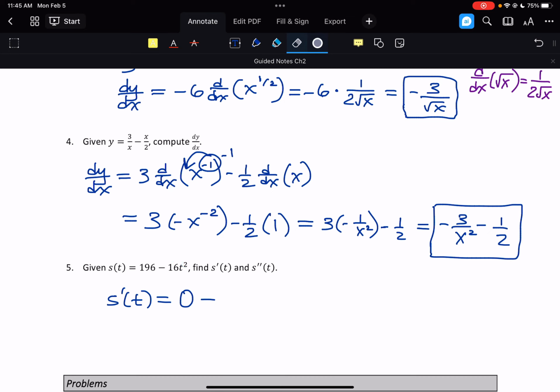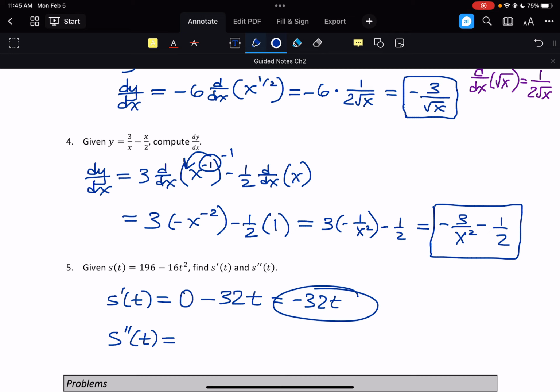So we're going to combine 16 times 2 is 32, t to the first. So that's just negative 32t is the first derivative. And the second derivative is the derivative of that, which is just negative 32 times 1. So just negative 32.